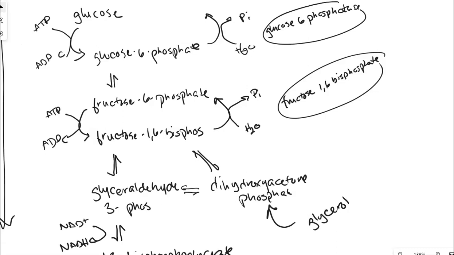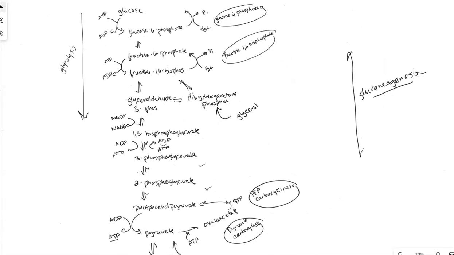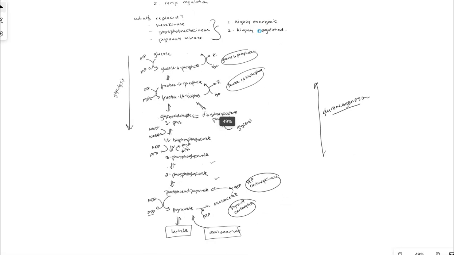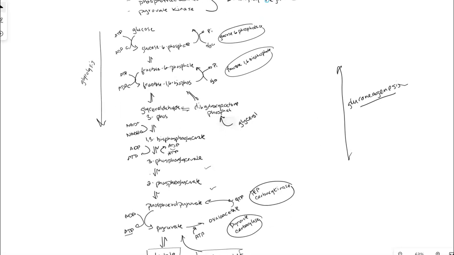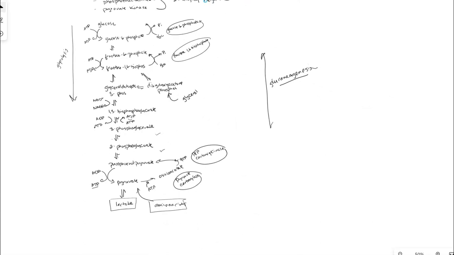So, zooming back out, we can now see the big picture, where glycolysis goes glucose 6-phosphate, fructose 6-phosphate, fructose 1,6-bisphosphate, etc., all the way down to pyruvate.